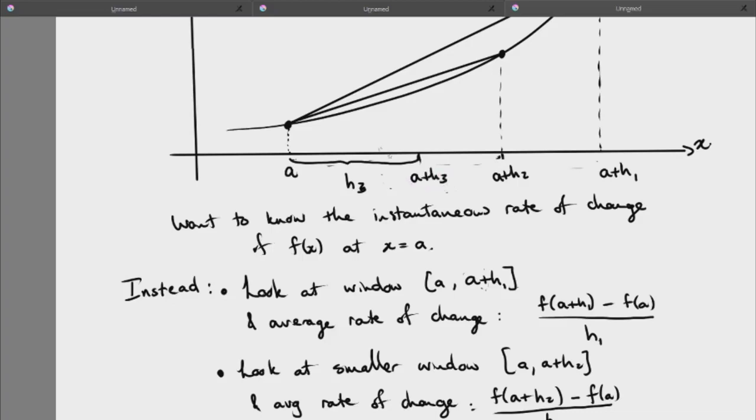Now I can't make it too little because then I can't see what's happening anymore, but we can just keep doing that. And you see that this straight line that I'm drawing now is much closer to the actual graph. The information that I'm using is much less and much more accurate.